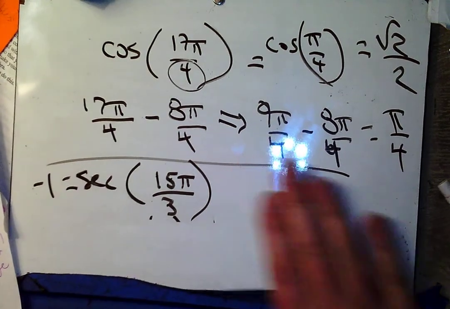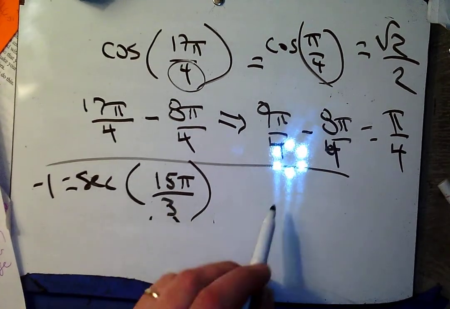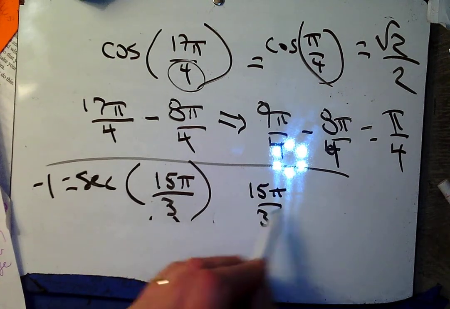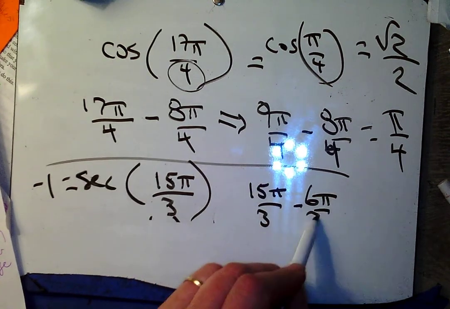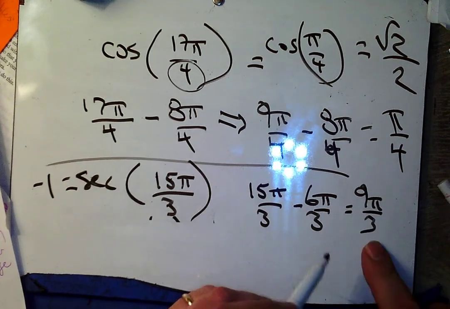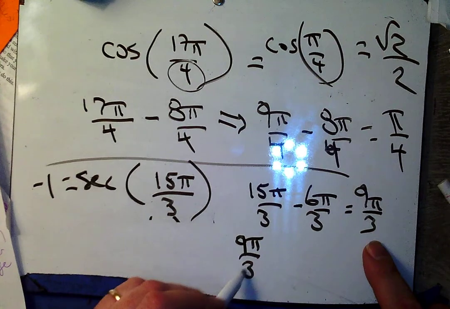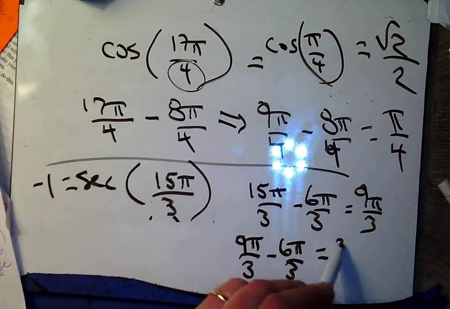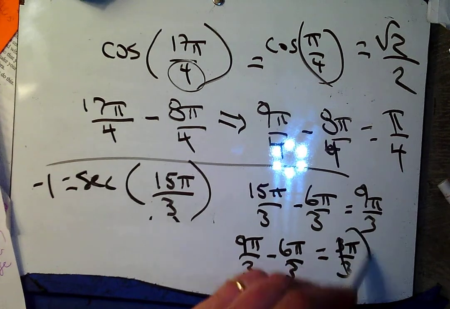You could certainly say, okay, I don't know what that is, but if I subtract 2 pi, I could get to 9 pi over 3. No, it's still not on the unit circle. If I take 9 pi over 3 and subtract 2 pi, I get 3 pi over 3, which is pi.